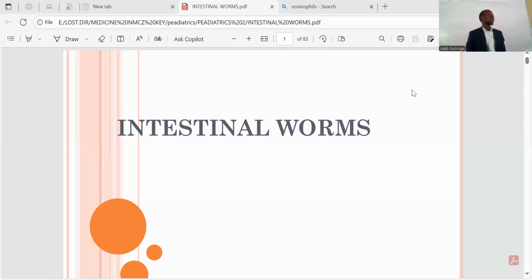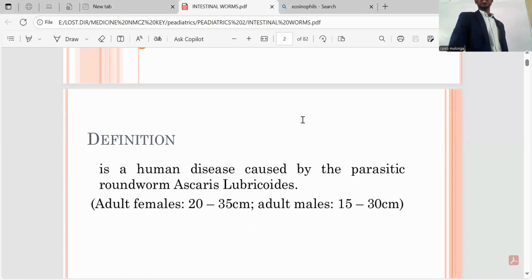Okay, so today we are looking at one of the topics under intestinal worms. In our previous lesson, we looked at hookworms, and we spoke about them being roundworms. We also said that these worms do not only affect the GIT, although that is where they predominantly stay and cause the illness.